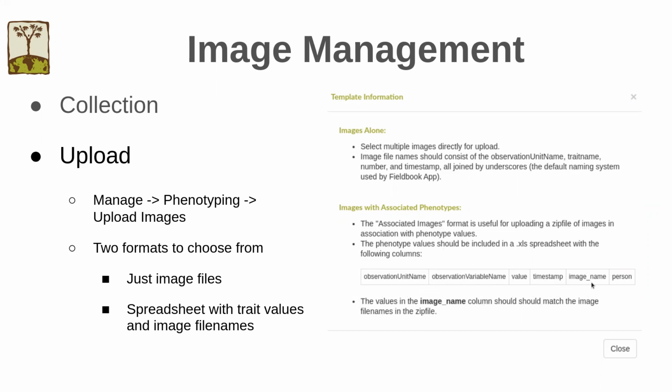One advantage here is that as long as you have the correct image name, it doesn't matter what the structure of it is, but it does have to correspond to a valid trait value and trait name that was taken along with the photo. And then those images will have to be zipped into a zip file and uploaded alongside the spreadsheet.